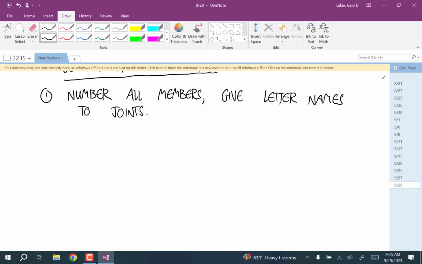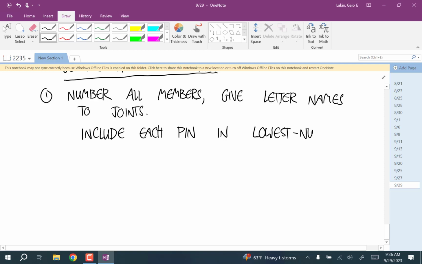And how are we going to choose which body? Because it's sort of a bookkeeping problem. We have to keep that straight. Otherwise, you'll end up double counting forces and stuff. Include each pin in the lowest numbered member that touches that joint.